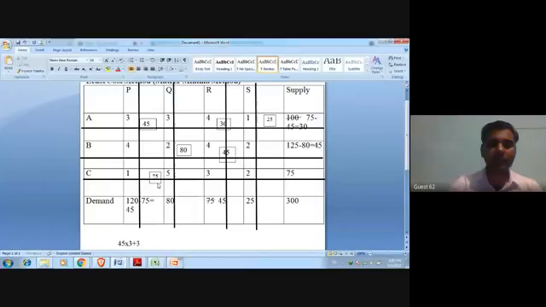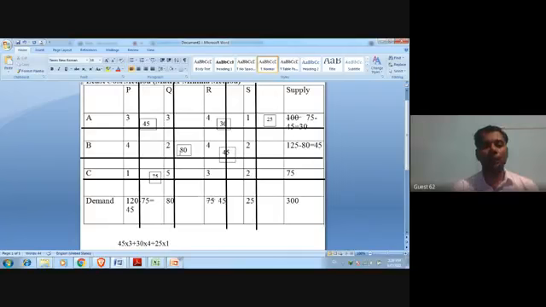So 30 into 4. Anything else? Yes, the warehouse S got 25 units and the per unit cost is 1. So plus 25 into 1. Again, this has no cost.